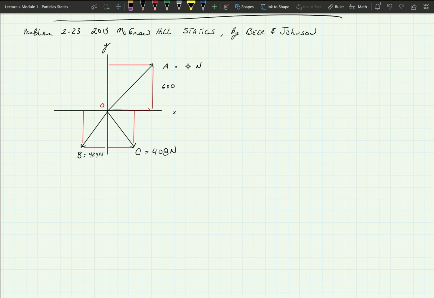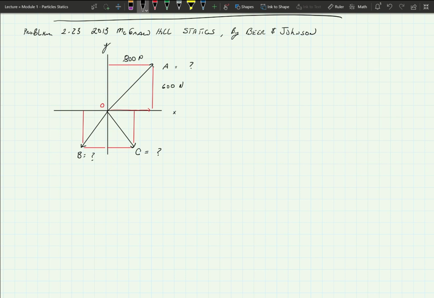Okay, I'm doing this problem completely wrong. Sorry, folks. These I don't know. We're looking for those. Okay, so this is 600 newtons this way. This is 800 newtons this way.